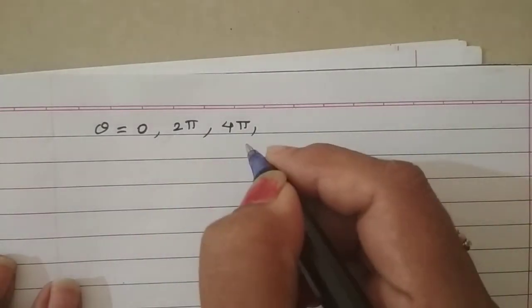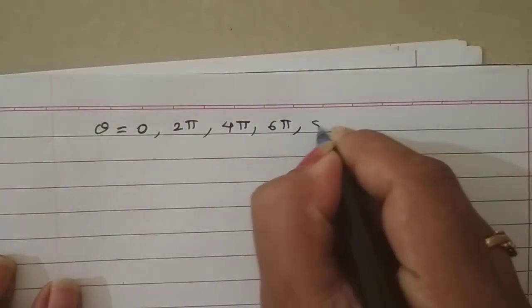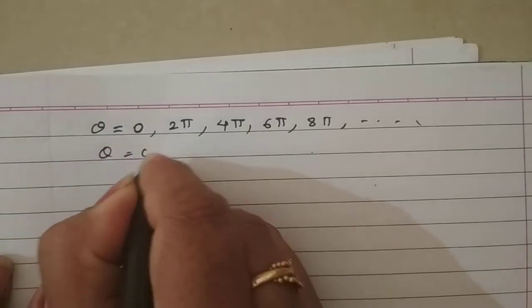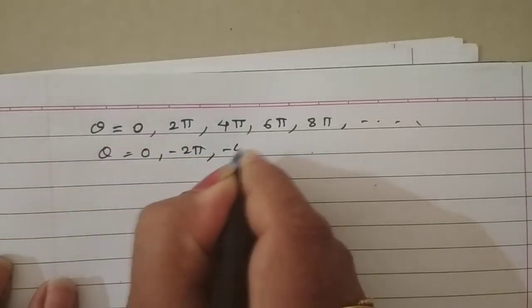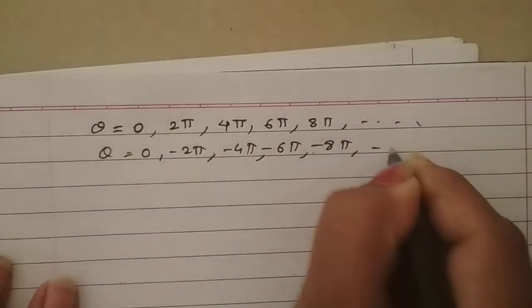Means we get theta equal to 0, 2 pi, 4 pi, 6 pi, 8 pi, and so on, as well as theta equal to 0, minus 2 pi, minus 4 pi, minus 6 pi, minus 8 pi, and so on.